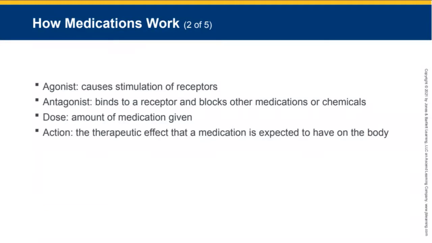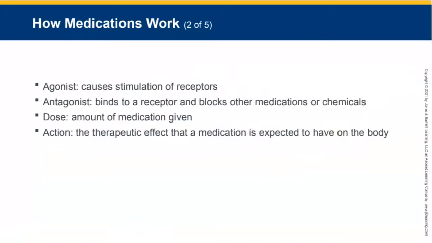Antagonist. An antagonist binds to a receptor and blocks other medications or chemicals. For example, using the same beta receptors, you have what are known as beta blockers. Now, when these beta receptors are stimulated, they normally cause vasoconstriction, that is constriction in the blood vessels, and they also increase heart rate.